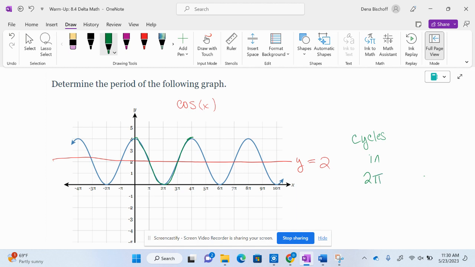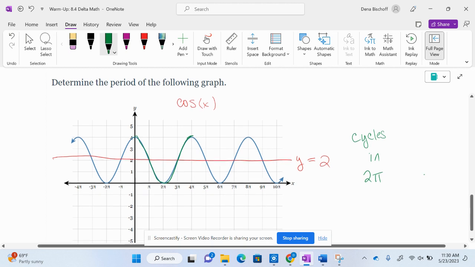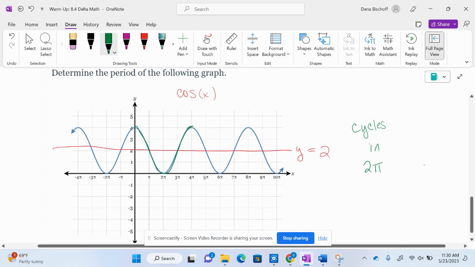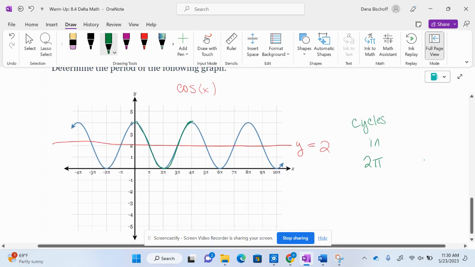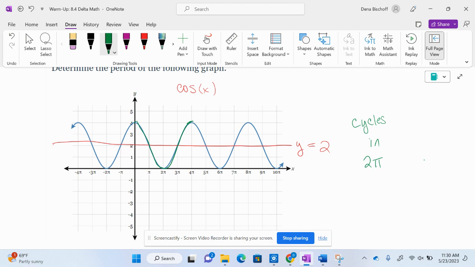Why are we looking at the number of cycles in 2 pi? Why are we just seeing what can take place in a 2 pi rotation? What's all the way around the unit circle? Halfway is pi, 2 pi, all the way around.